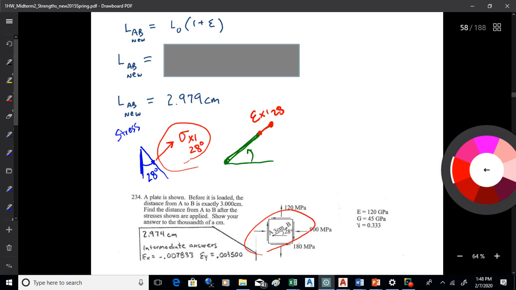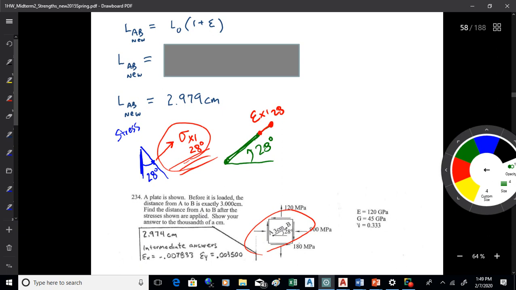That's why they use the different reference planes, so that for a given angle, the strain and its primary causative agent, sigma x1, are in line. This is also caused by nu sigma y1, which gets thrown in there too, but the primary cause is sigma x1. So that's why they use these different reference planes, so that everything lines up.